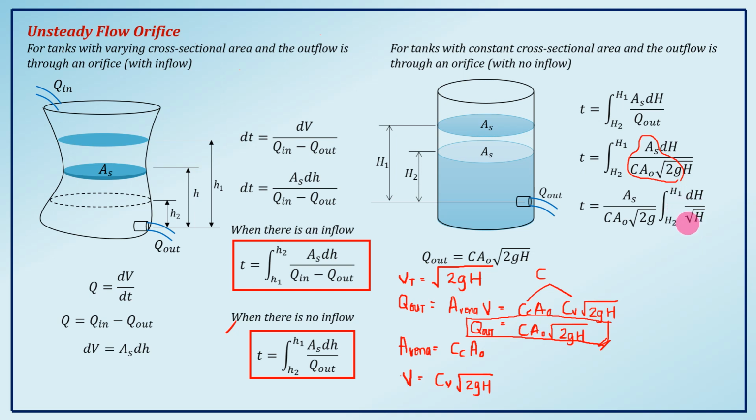This equation is not difficult; we can raise H to the numerator, so we have H raised to negative 1/2.